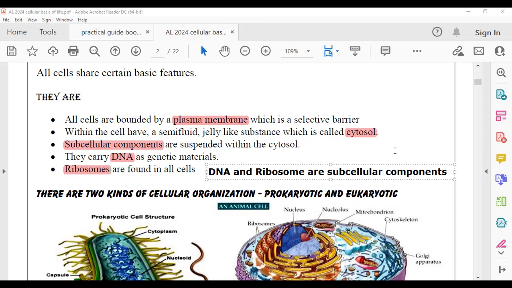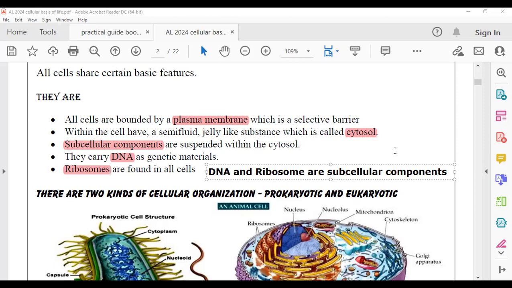Third one, what kind of components? Subcellular components. Sub means within. Components within the cell. Any component placed inside the cytosol is called subcellular component.